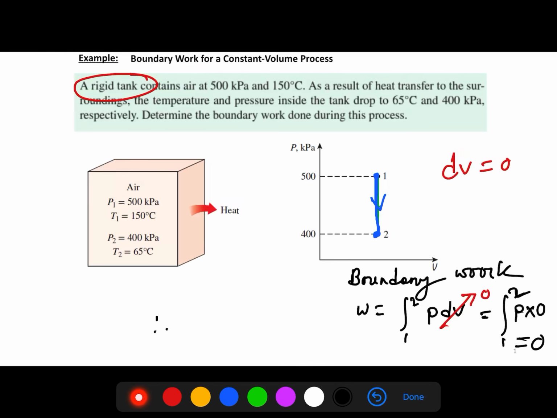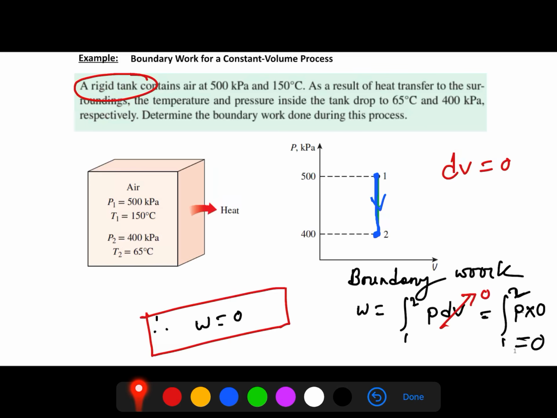So the boundary work done during this process is actually 0. No work is happening here. It is expected because we said it is a rigid tank, and a rigid tank means the volume is not changing, it's constant.